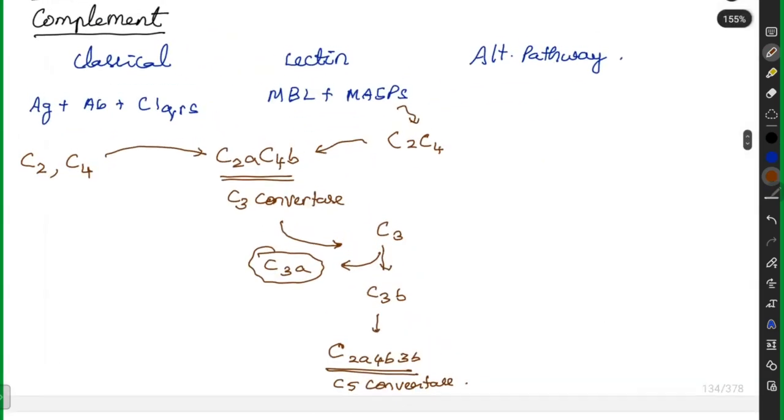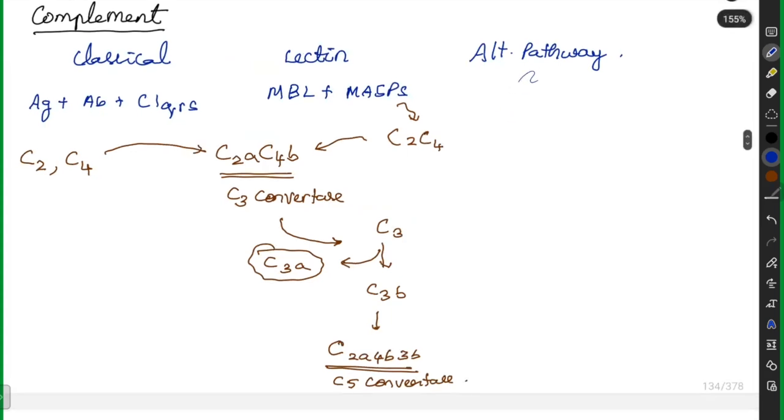Now coming to the third one, the alternate pathway. You have the microbial agent, which consists of complex polysaccharide. This complex polysaccharide, in the absence of antibody, is going to form a complex.